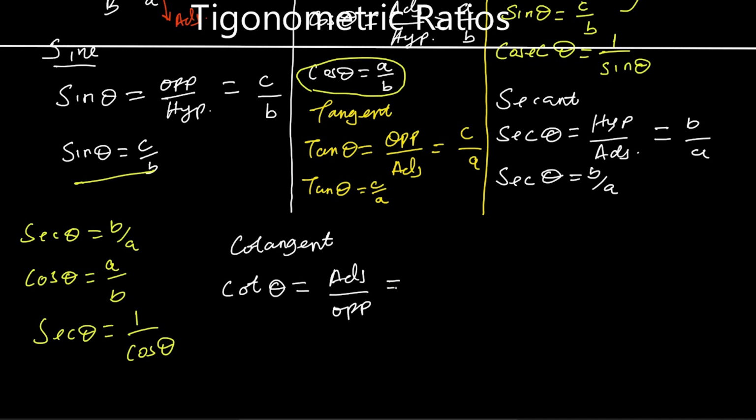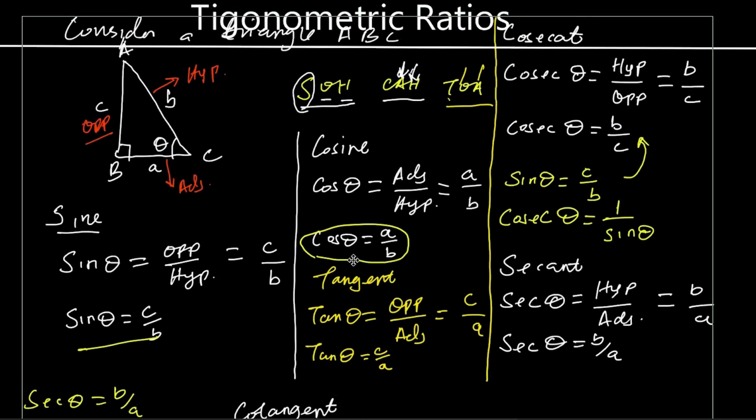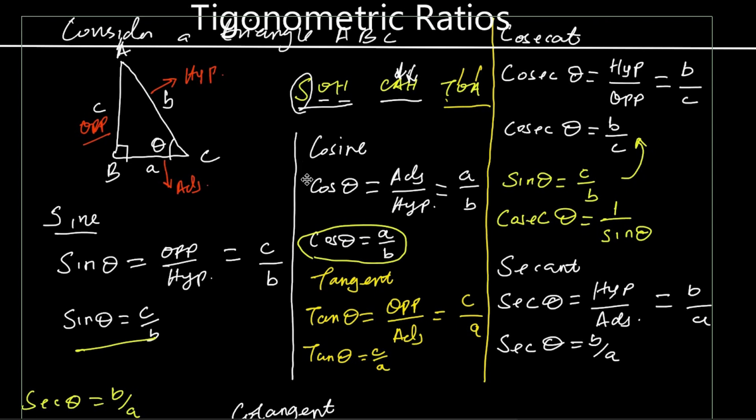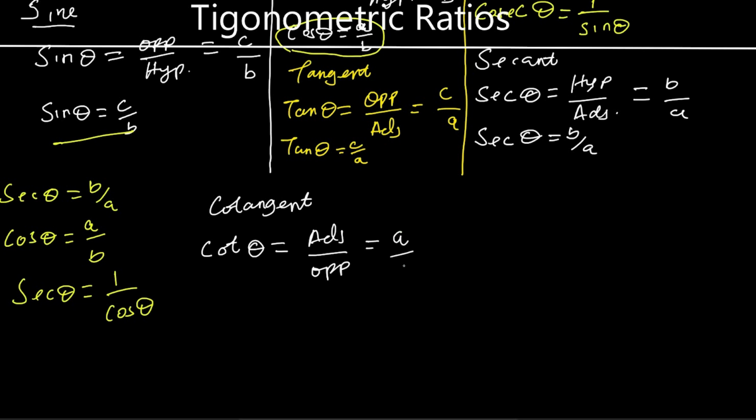Therefore, considering the sides of our triangle, the adjacent side is A and the opposite side is C. So we can say cot theta is equal to A divided by C.